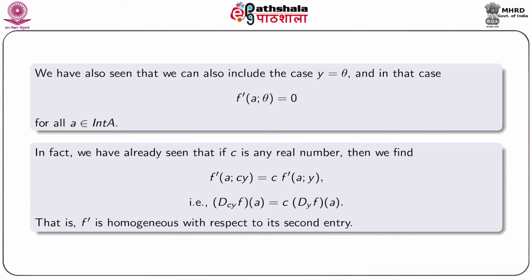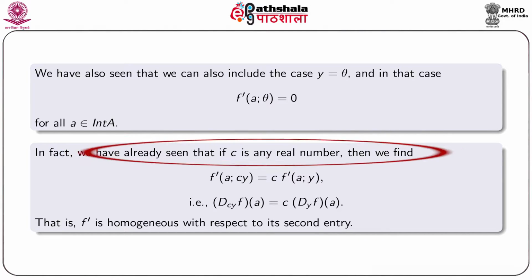We have also seen in our earlier module that we can include the case y equal to theta, and in that case, for every interior point a of the set A, f'(a, theta) exists and equals 0.